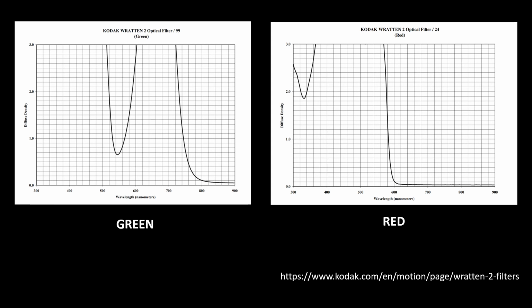So they are complementary in the sense that one cuts off what the other allows. And we're going to see the psychophysics of this complementarity coming up.